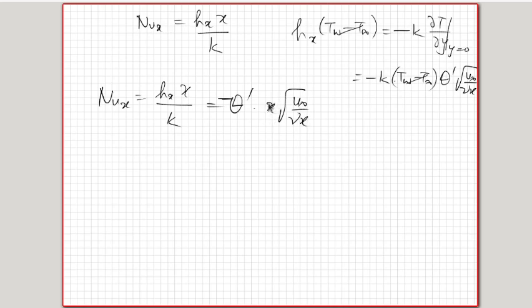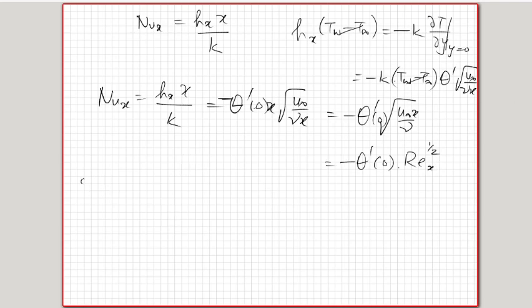So this x will also become, so this will become equal to minus theta prime into square root of u infinity x by nu, and this is nothing but the Reynolds number. So this is at 0: minus theta prime at 0 into Re x to the power of half. Okay, so this is the expression.